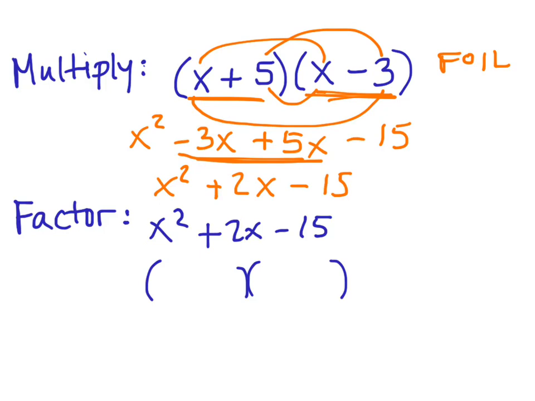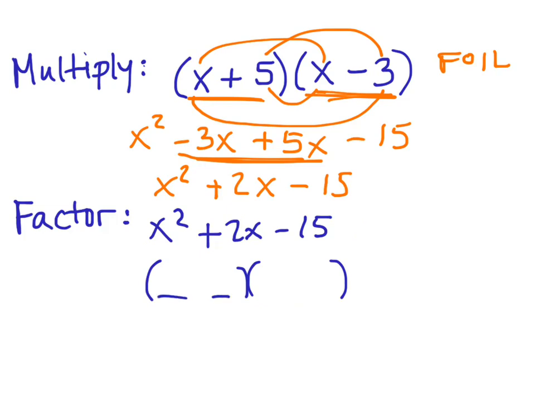Just in the same way as there is only one set of primes that multiply to be 12, there's only one combination here, you could think of it as the prime factors that are going to multiply to give you this expression. All right, so we just need to work backwards to figure out what those are.